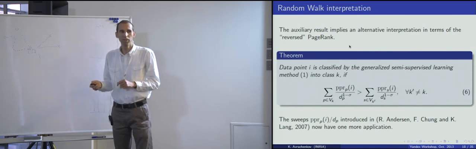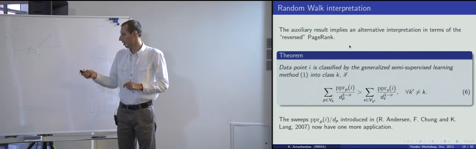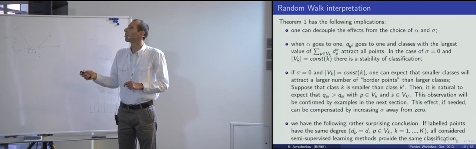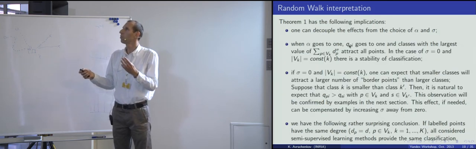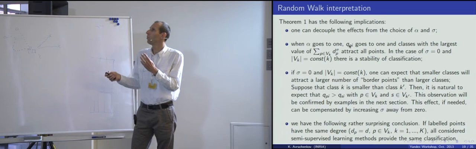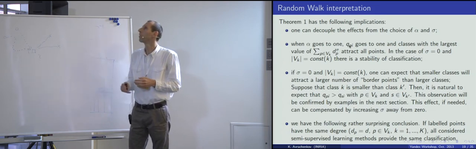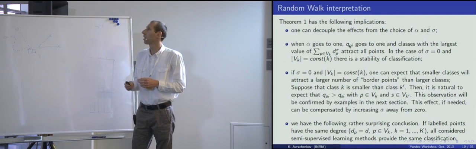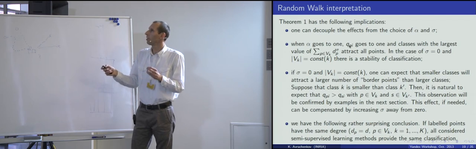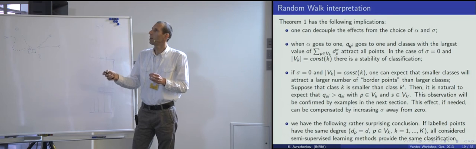We have complete decomposition. Then, when alpha goes to 1, Q also goes to 1 because we come with probability 1 to node i. And we conclude that in this case, classes with the largest value of this sum attract all the points.